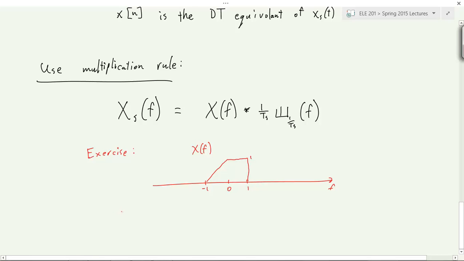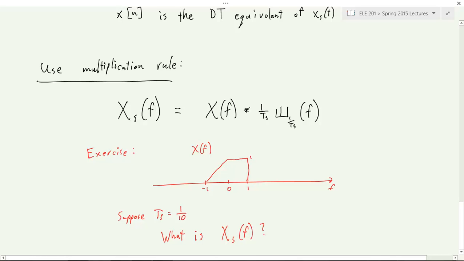Now, if you sample it at widths 1/10, so you take a sample every 1/10 of a unit in continuous time. Okay. Question is, what is xs of f? Now, I'm going to give you a minute to think about it, and then I want a volunteer to come up here and draw what the Fourier transform of the sampled signal is.